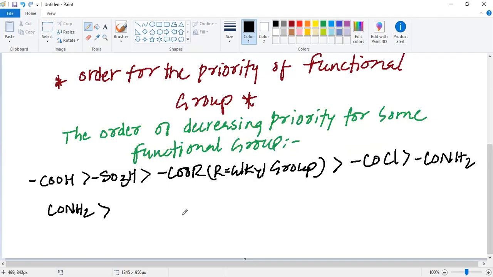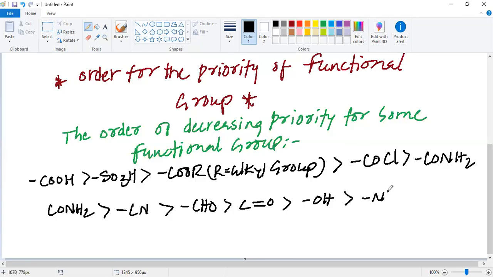Amides are more prior than nitriles. Nitriles are more prior than aldehydes. Aldehydes are more prior than ketones. Ketones are more prior than alcohols. Alcohols are more prior than amines. Amines are more prior than alkenes.